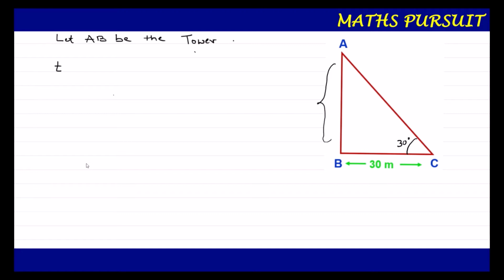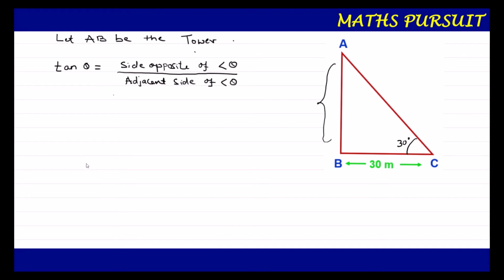If I write tan theta is equal to, so what is tan theta? Tan theta is equal to side opposite to angle theta upon adjacent side of angle theta.